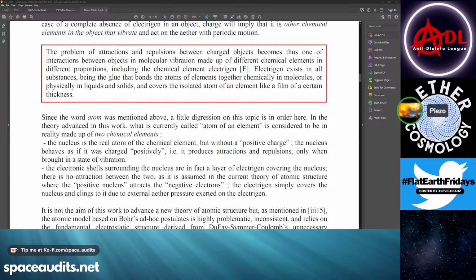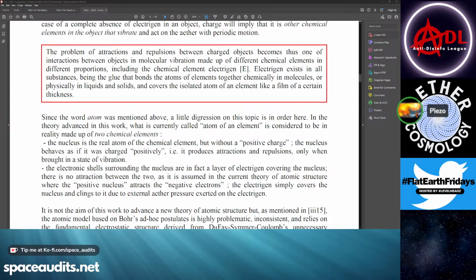Since the word atom was mentioned above, a little digression on this topic is in order here. In the theory advanced in this work, what is currently called atom of an element is considered to be in reality made up of two chemical elements. The nucleus is the real atom of the chemical element, but without a positive charge. The nucleus behaves as if it was charged positively, i.e., it produces attractions and repulsions, only when brought into a state of vibration.